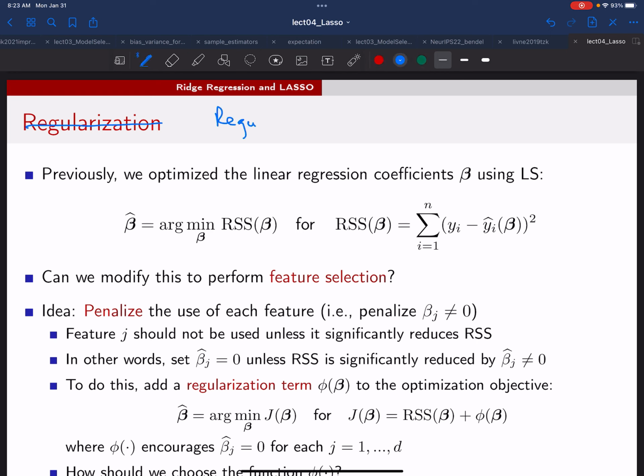But for large values of beta, the quadratic is a stronger penalty.